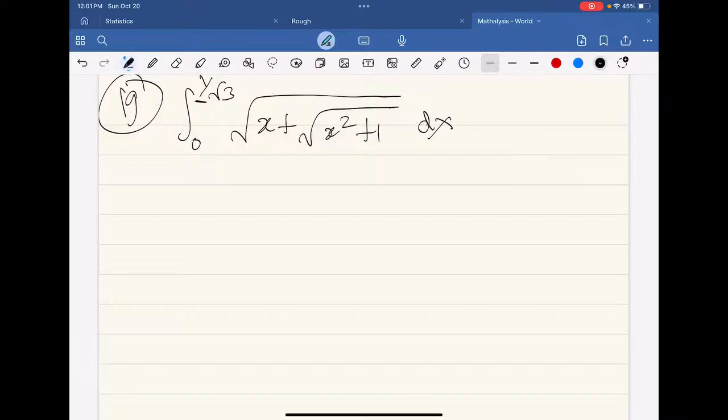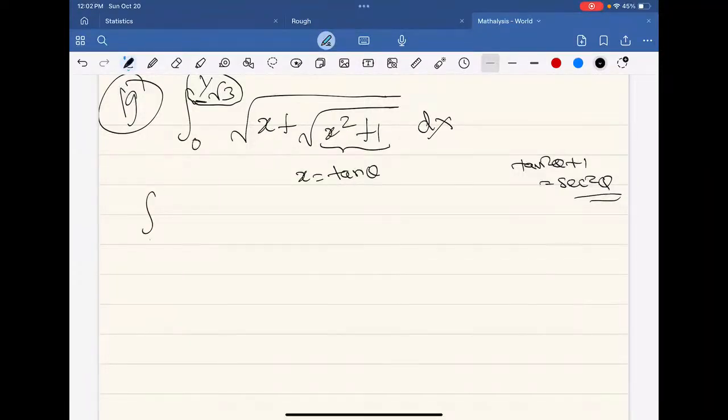For this one, the trig substitution that will be helpful is x is tan theta, also because this is tan 30, that's a clue. That also simplifies with the tan function, because we know that tan squared theta plus 1 is sec squared theta, right? So let's try that and see if we can make any progress.